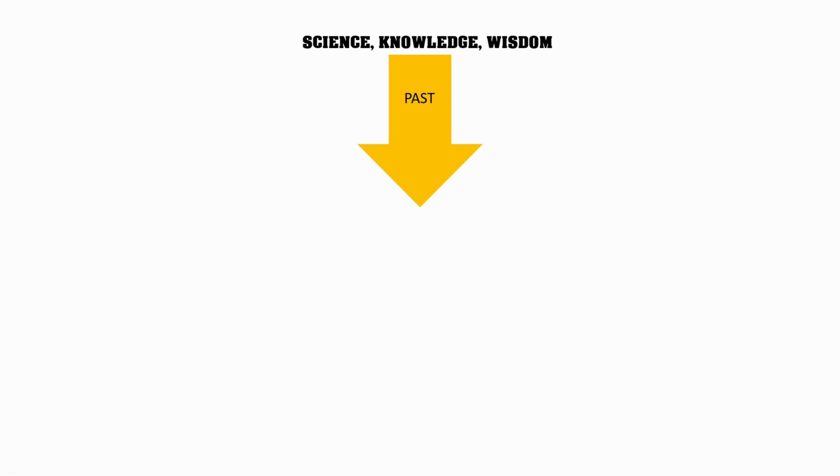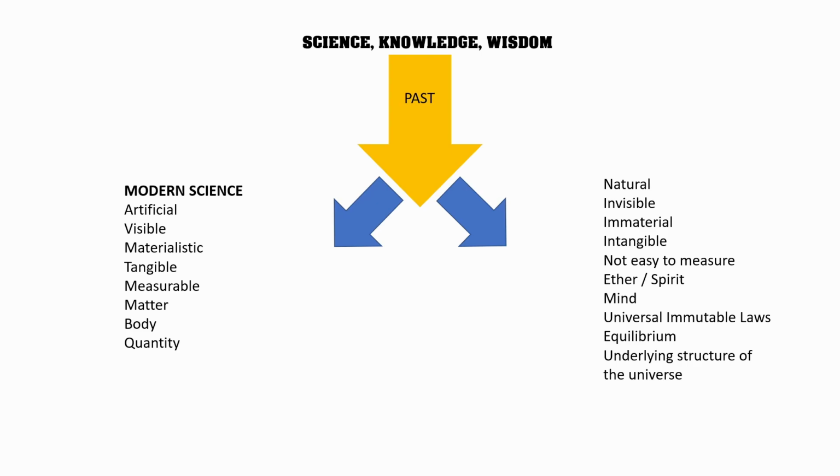But then in the 17th century, as we saw there, due to the scientific method, there was a definitive split in this science, and it split into what we know today as modern science, which I already explained was somehow artificial in that sense, the visible stuff, the materialistic view of the universe that dealt mainly with the tangible, the measurable, that deals, of course, with matter and all that is related with matter, with the body, with quantities.